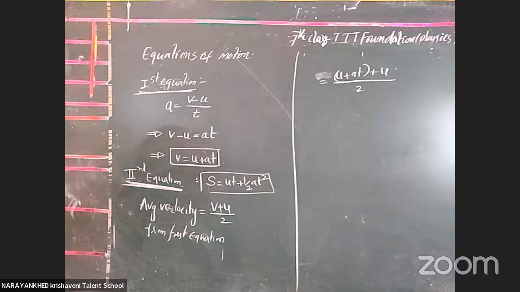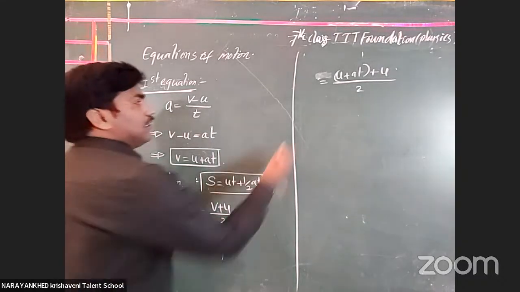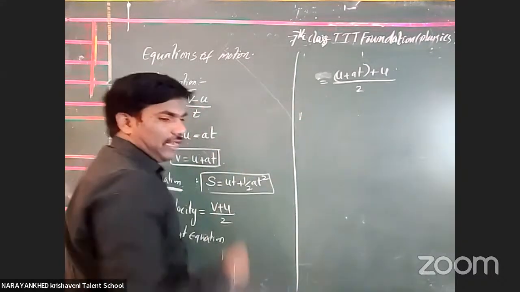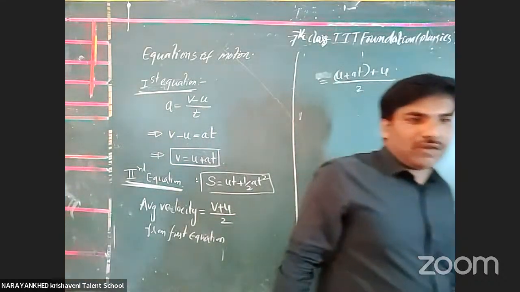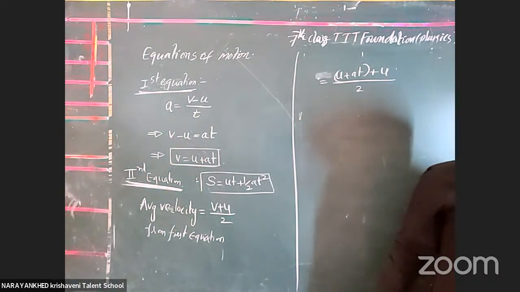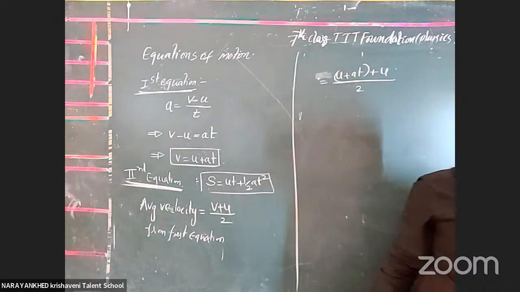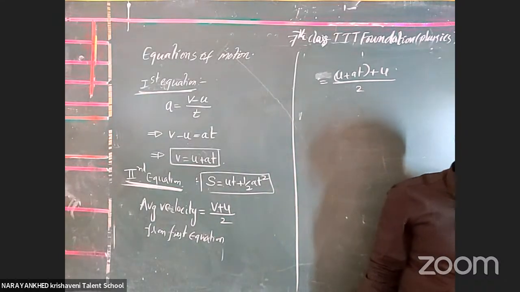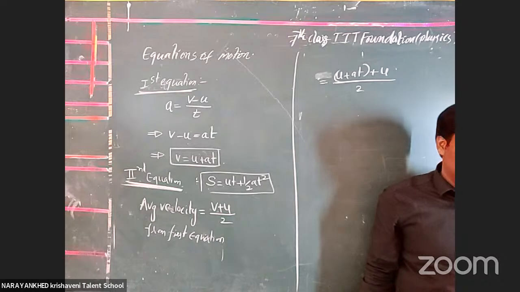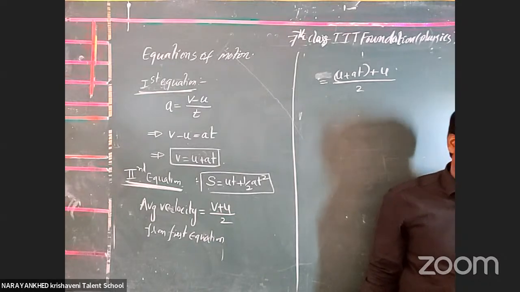Clear? Now the average velocity is one of the velocities, so it is also written as distance by time. Average velocity is equal to distance by time.